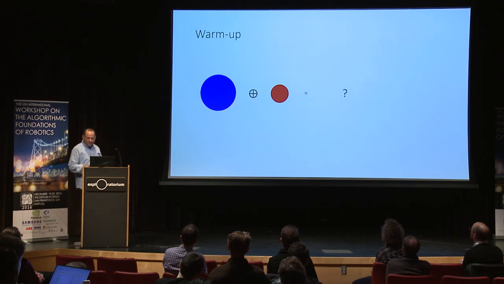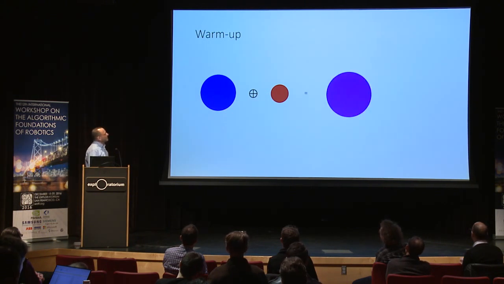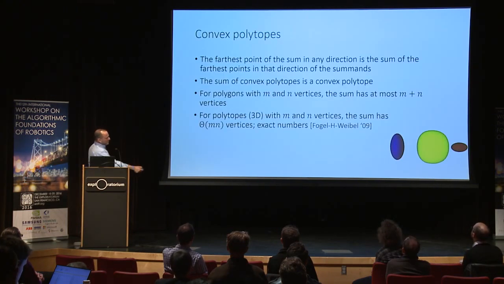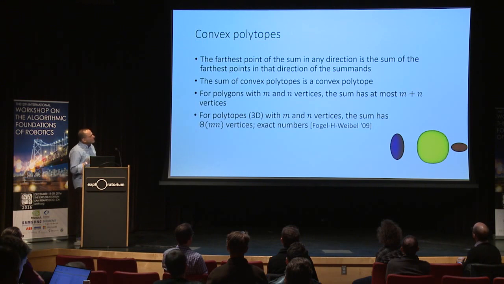Okay, if I give you 2 disks and I'm asking what's their sum, it's very simple. It's another disk whose radius is the sum of the radii of the input disks. What about convex polytopes? Here at the bottom, you see a blue polytope, an orange polytope, and their Minkowski sum. This is also a fairly simple case.